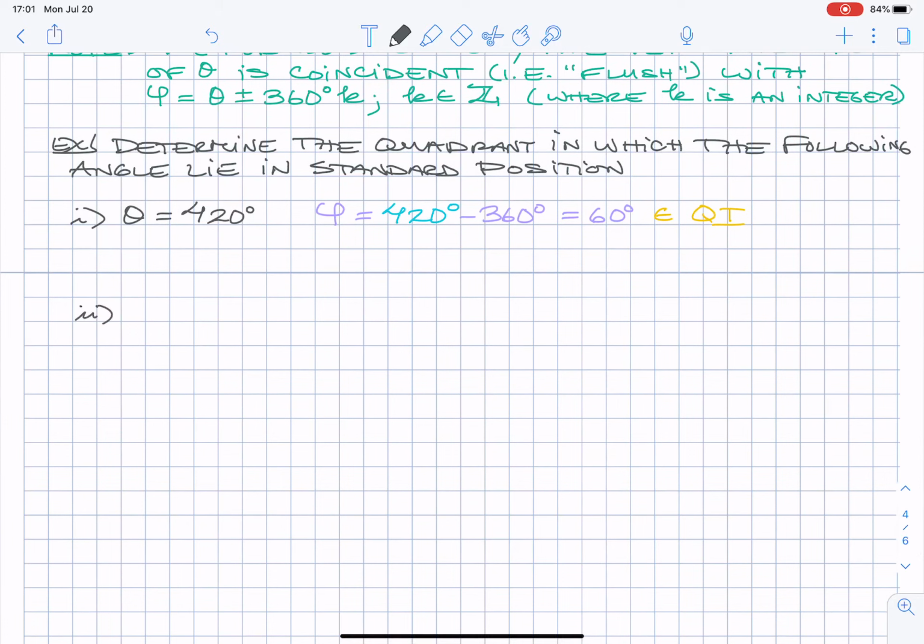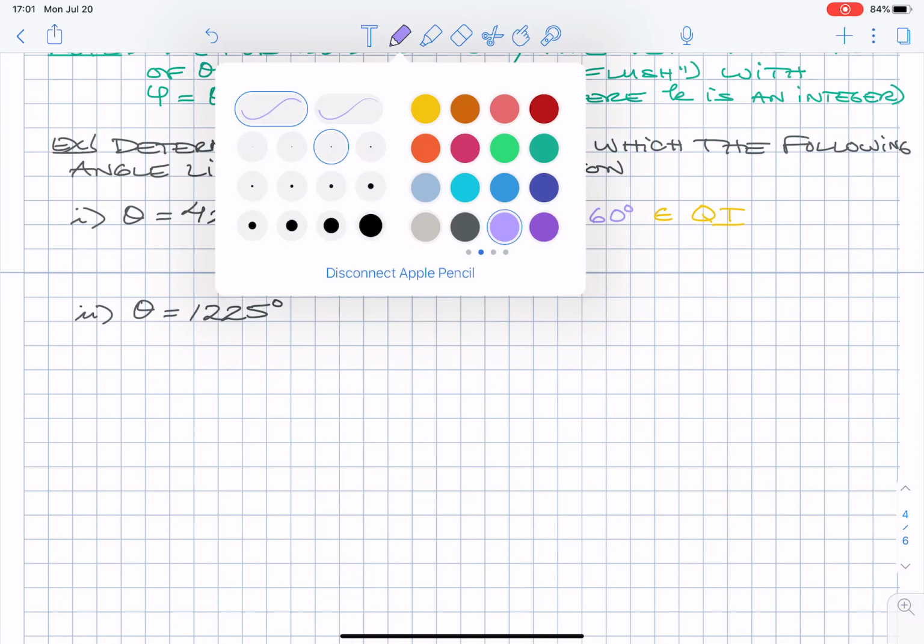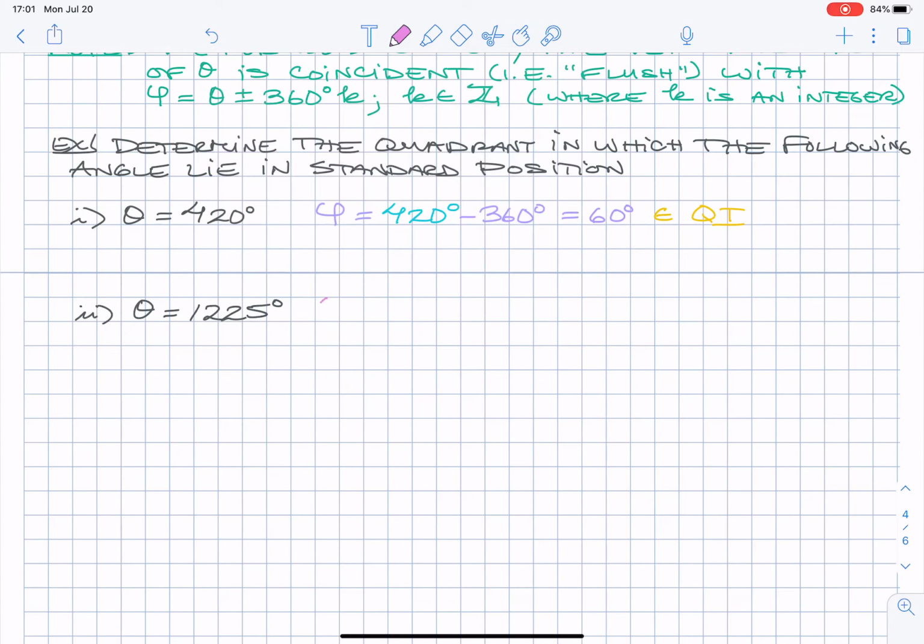Number 2, let's have theta being 1225 degrees. Once again, let's find some angle phi. Well, 1225 is definitely larger than 360. So how many more times 360? So 360, 720.